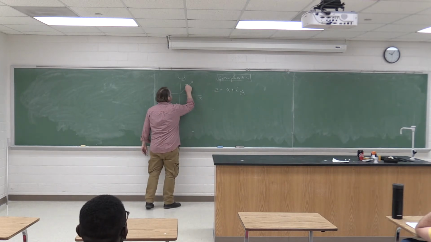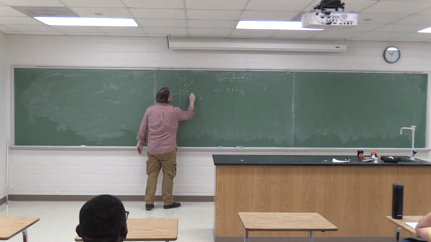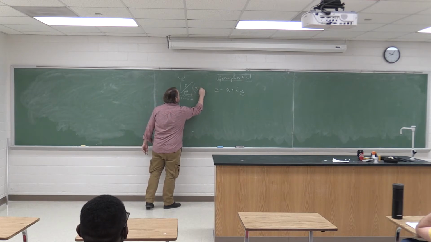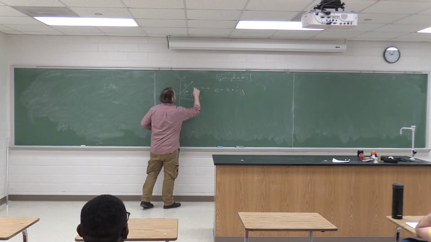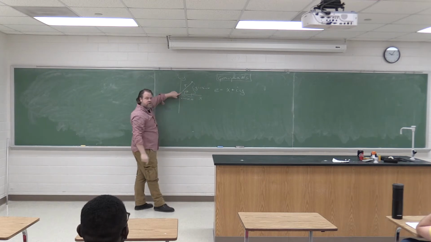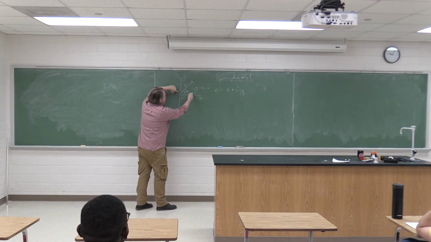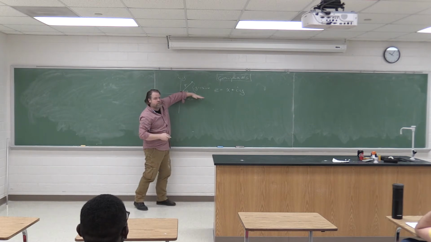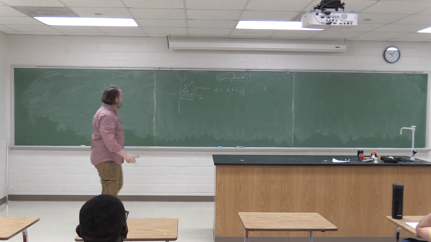In the same way, complex numbers are encodable in terms of their distance from the origin, the radius, and the angle. The angle is always measured from plus x, counterclockwise rotation.